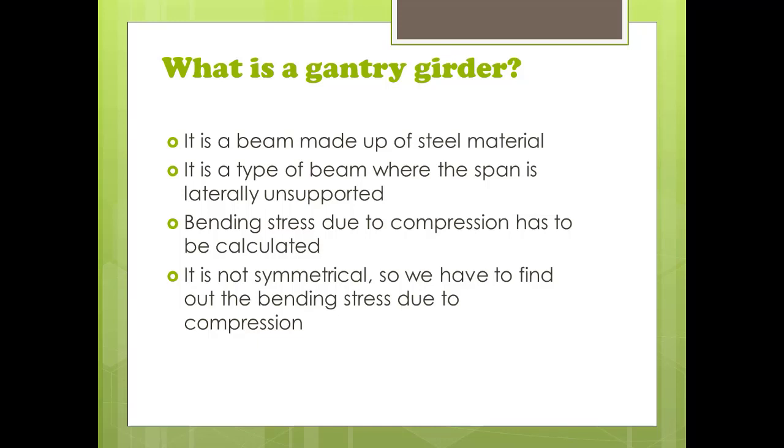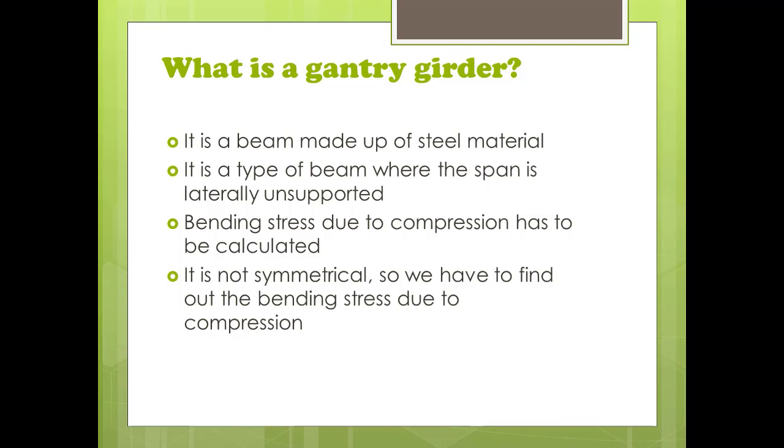The beam is not symmetrical, so we have to find out the bending stress due to compression using the IS code. For steel, we generally use IS 800 1984. Here also for the gantry girders, we will use this IS code.